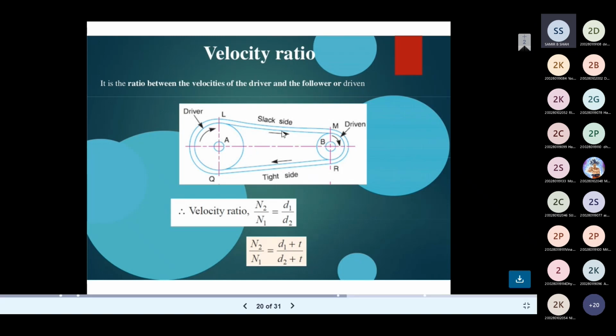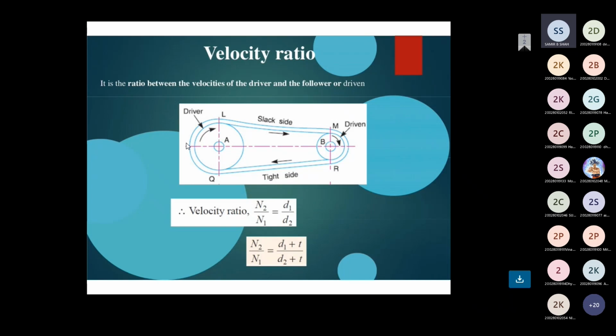So some portion of the belt may contract, and in the same way here it may be tight. Repeatedly it may happen from tight to slack side. So there is a relative motion at that time.